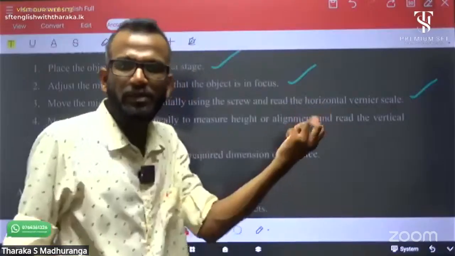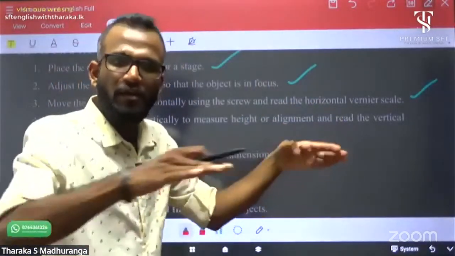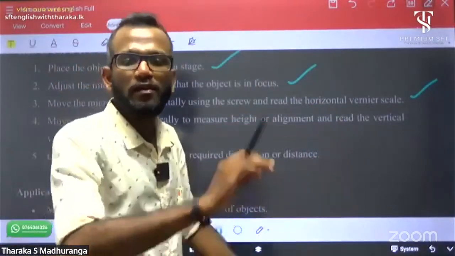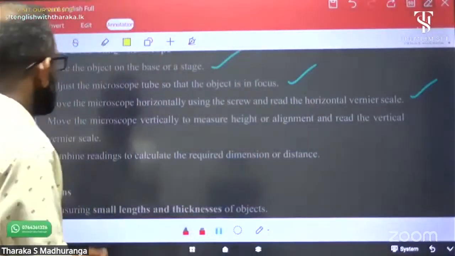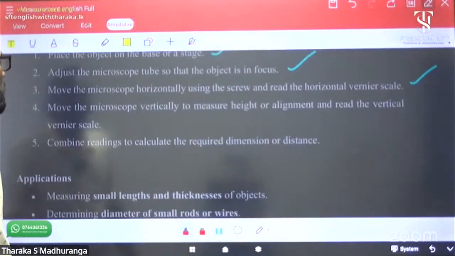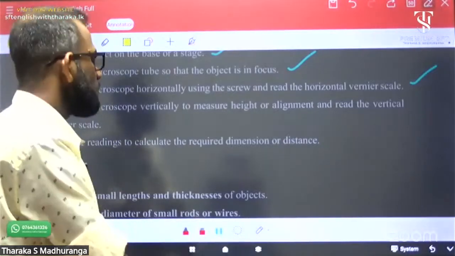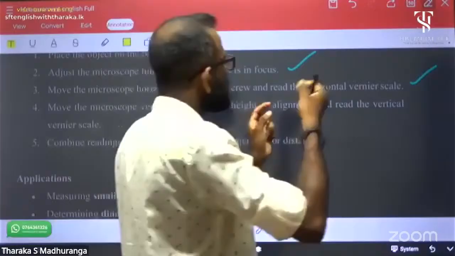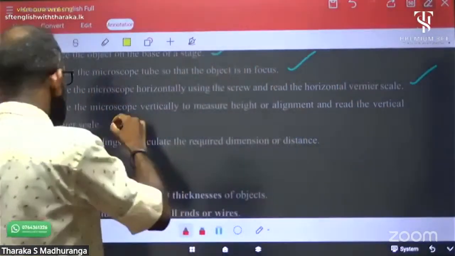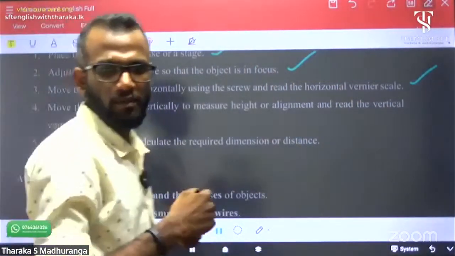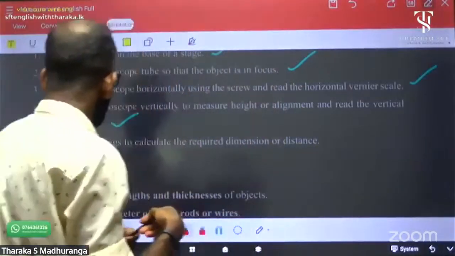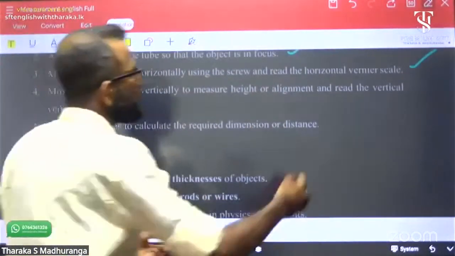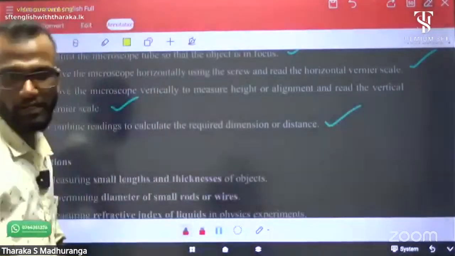We can get the measurement using the horizontal vernier scale and adjust by horizontal moving knobs. Move the microscope vertically if you need vertical measurements, using the vertical vernier scale. Combine readings to get an accurate reading or accurate distance.